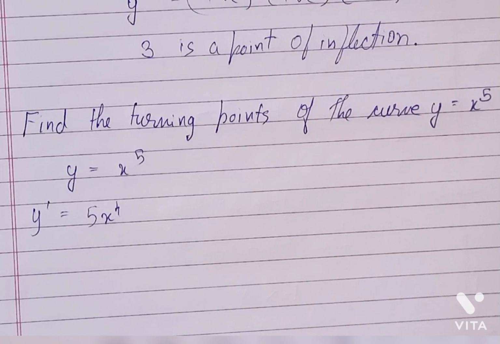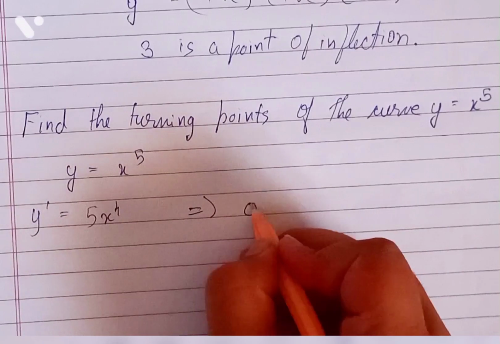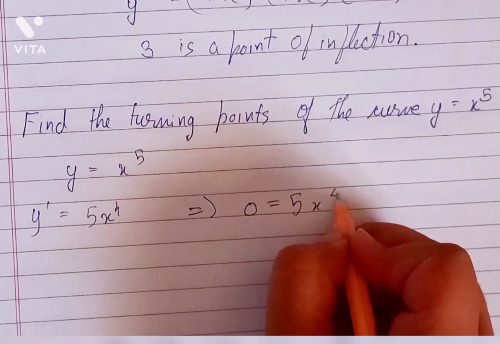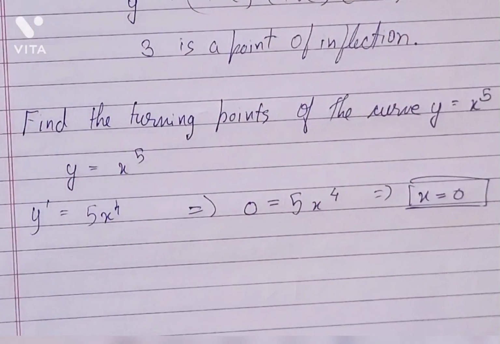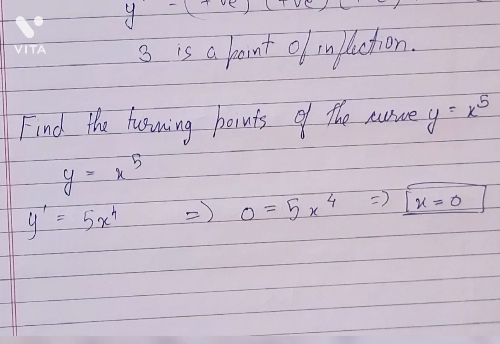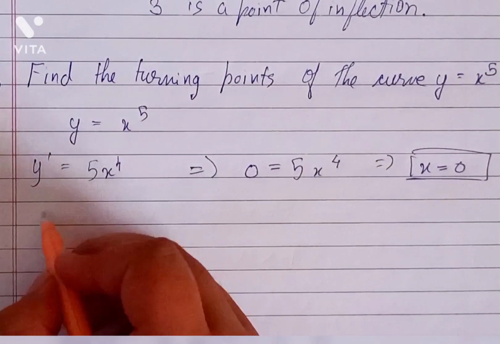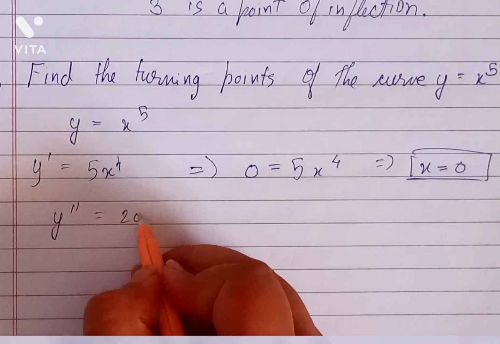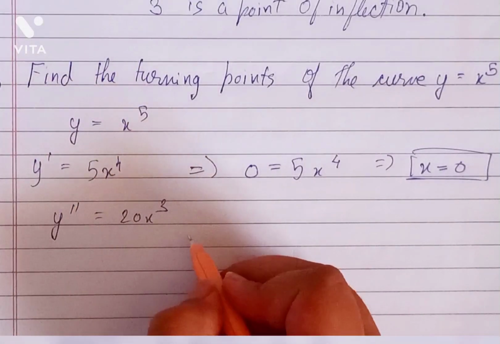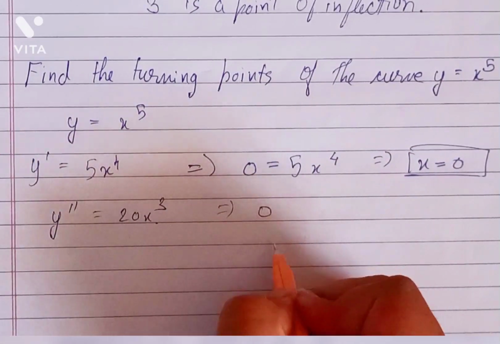Alright. Now equate y dash equal to 0. So putting 0, 5x to the power 4, x will come as 0. So one of the turning points is 0. Now differentiate it again. 5 4s are 20, x to the power 3. Now put this 0 into this. We will get 0 only.